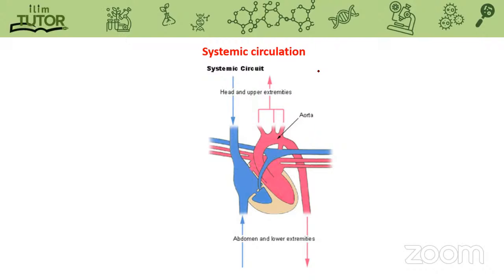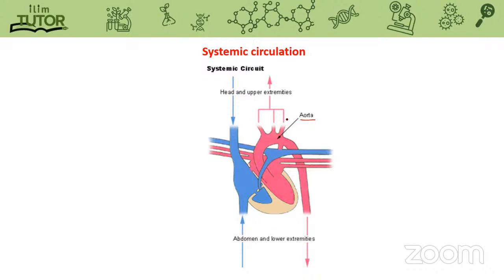Now, for the blood to actually move to the other parts of the body, first of all, it would have to be pumped by the left side of the heart via this artery here. This artery is referred to as the aorta. And the aorta, being the largest artery within the body, will supply the different organs within the body via some other subsidiary arteries.